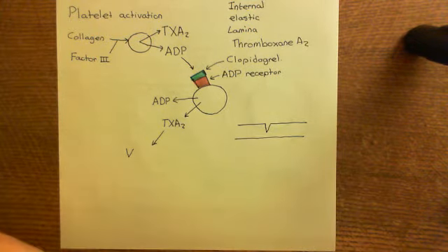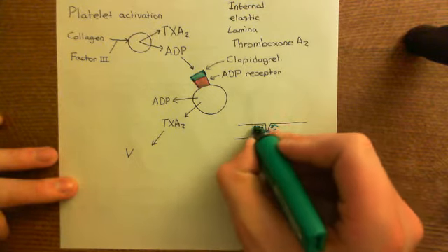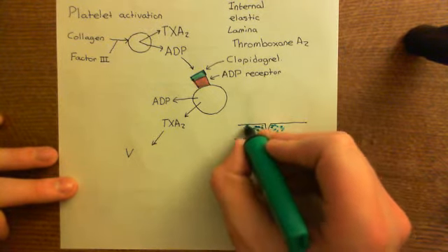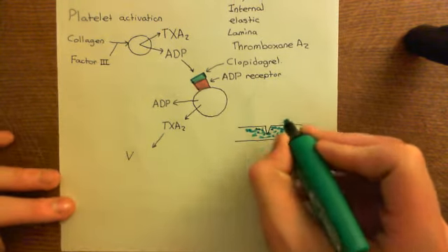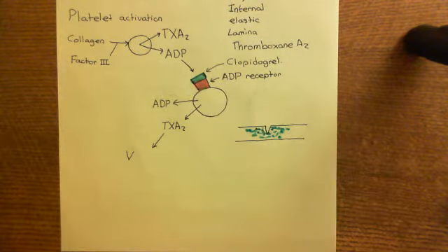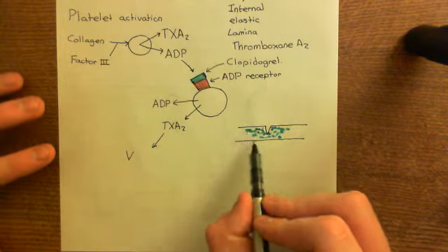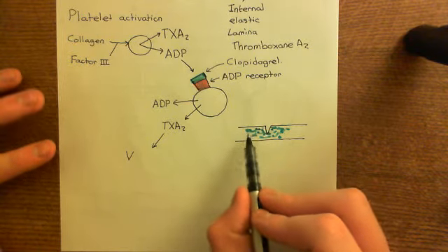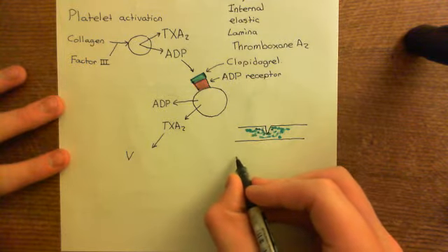So if I draw the thromboxane A2, here is loads and loads of thromboxane A2 being produced in the vicinity of this cut. And it's going to lead to the contraction of the smooth muscle cells around the blood vessel, that line the blood vessel, that are within the tunica media, and that's going to lead to the blood vessel shrinking, basically.